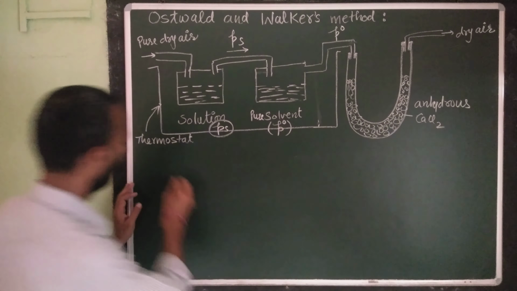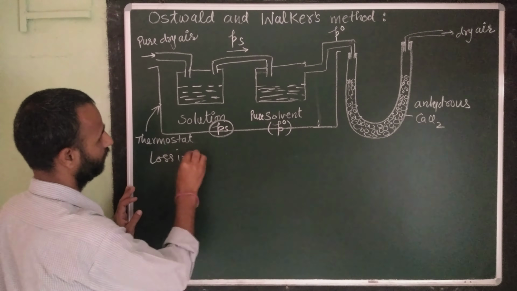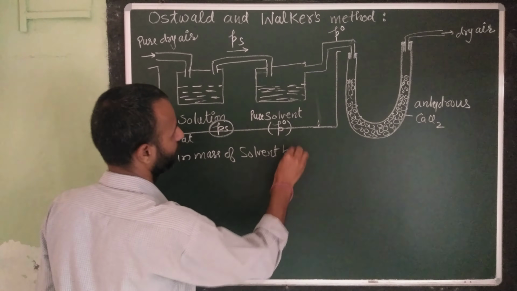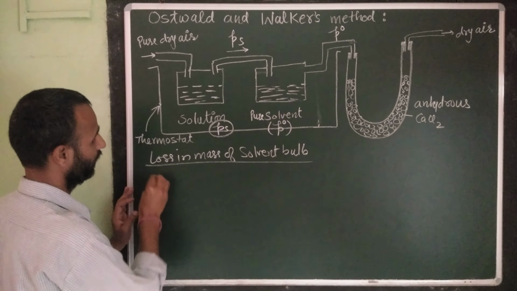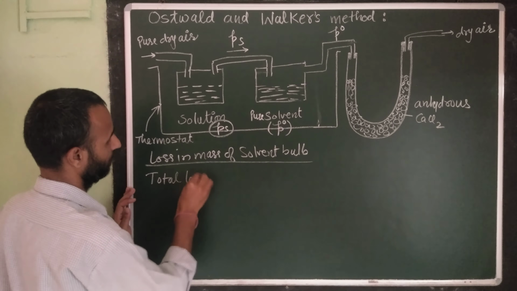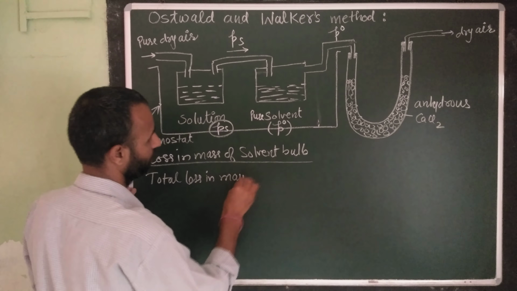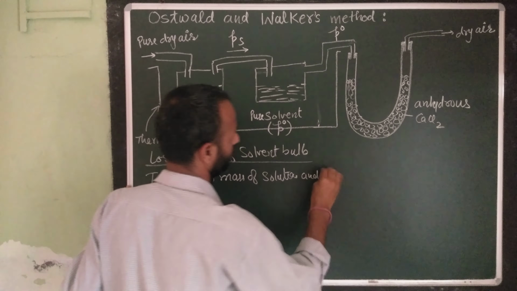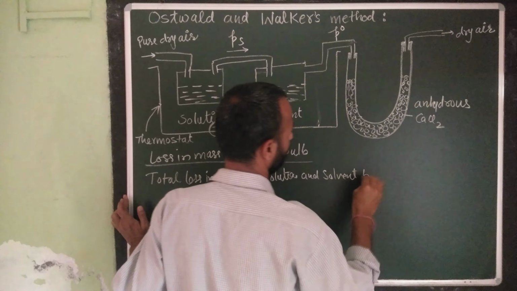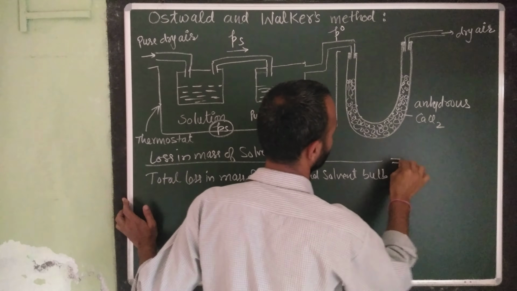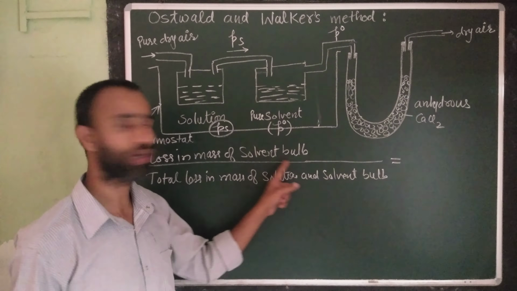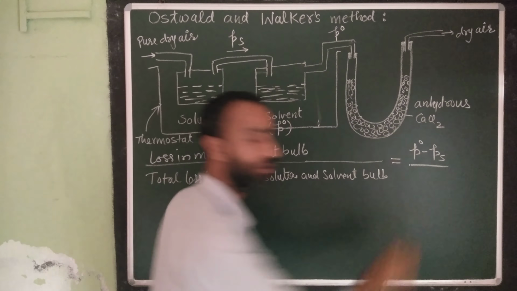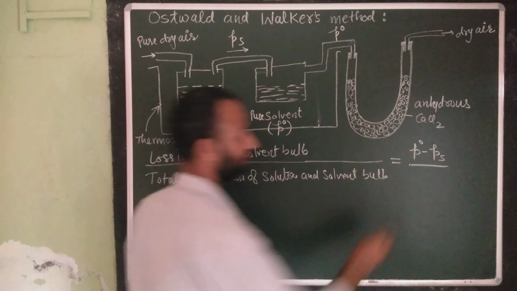So now loss in mass of solvent bulb divided by total loss in mass of solution and solvent bulb is equal to, loss in mass of solvent bulb is proportional to P naught minus PS, divided by P naught.